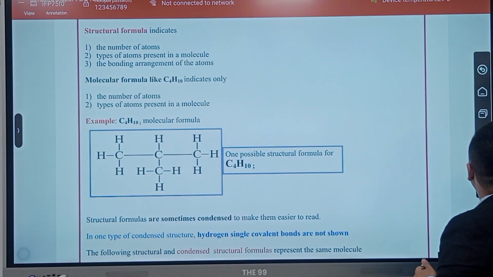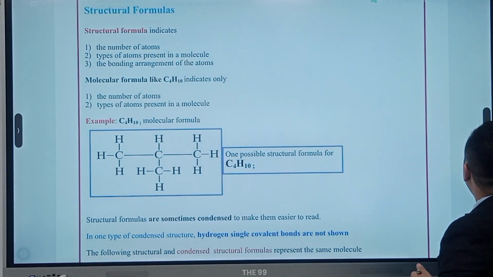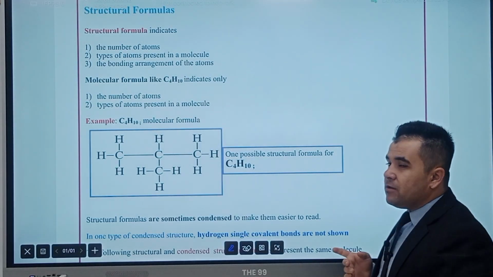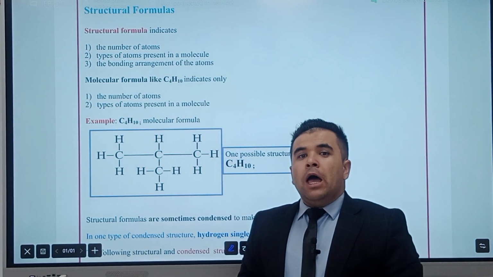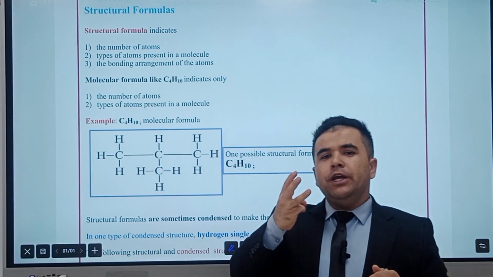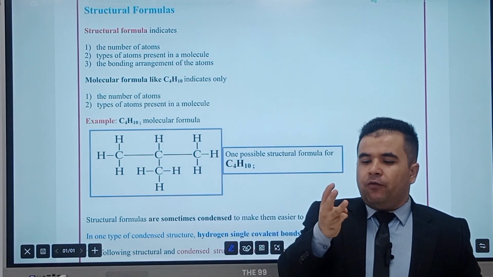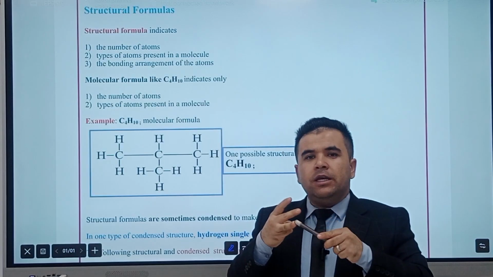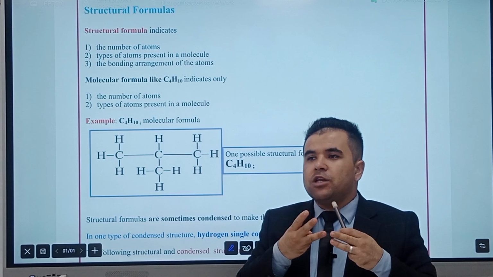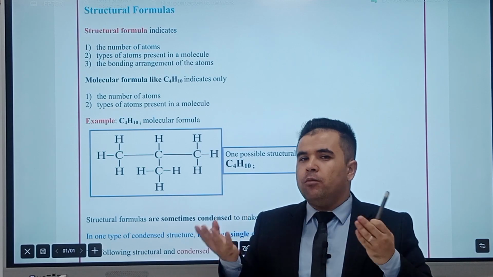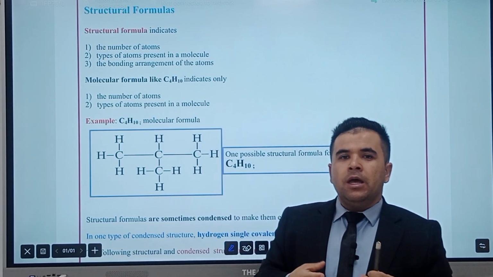The representation of a chain hydrocarbon, we have a formula we call a structural formula. In a structural formula, three pieces of information should be provided. First, the number of the atoms, in terms of how many carbons, how many hydrogens, how many oxygens, how many sulfurs are existing.